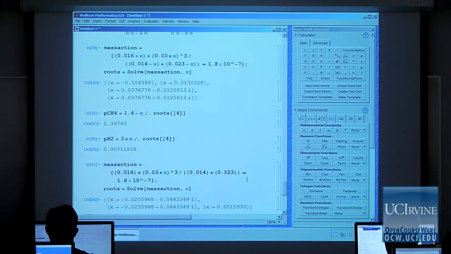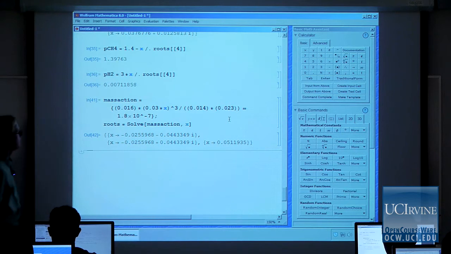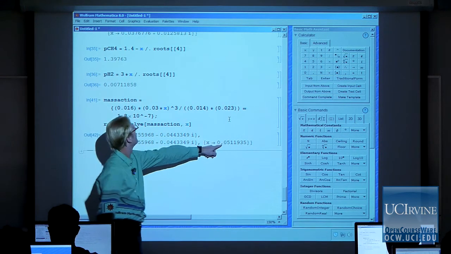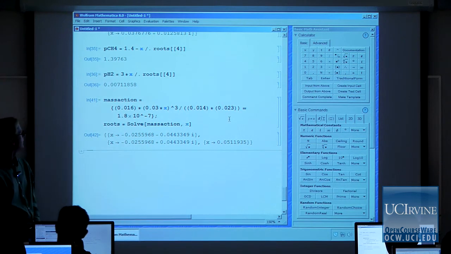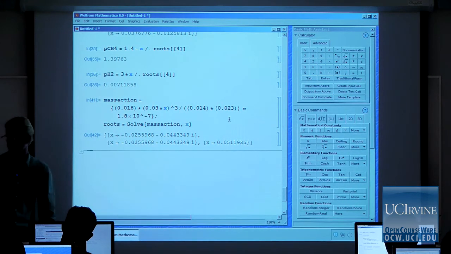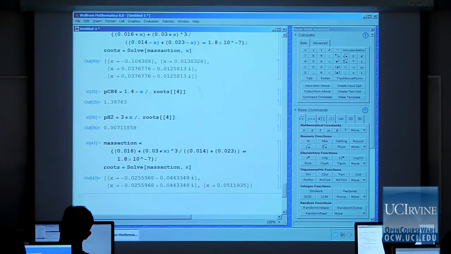And notice the physically meaningful root, the positive real root here, is quite different. Okay? We can compare 0.05 versus 0.01. Okay, so the approximation here would have given us garbage.